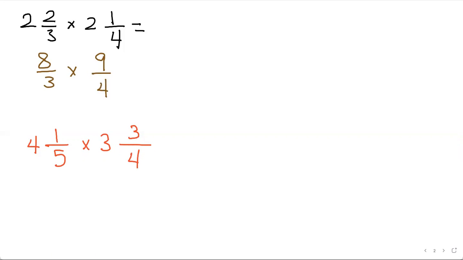Now, when we multiply fractions, we always try to look diagonally and see if we can reduce. Yes, we can. 4 goes into itself once, and into 8 twice. We should look this way as well: 3 goes into itself once, and into 9 3 times. Now we have 2 times 3 on top, which is 6, and 1 times 1 on the bottom, which gives you 1, and 6 over 1 is just 6. So that's your final answer.